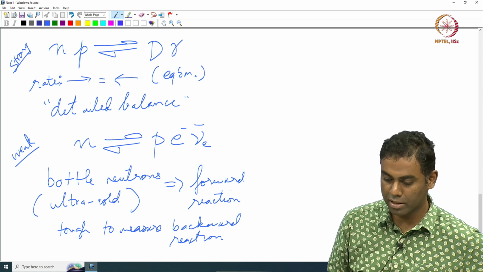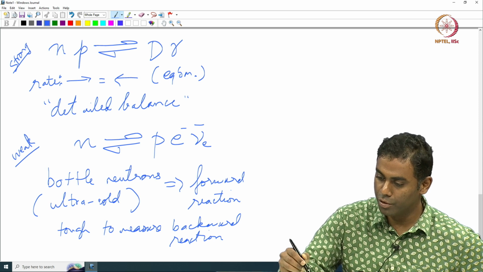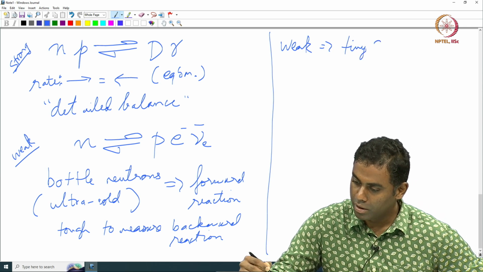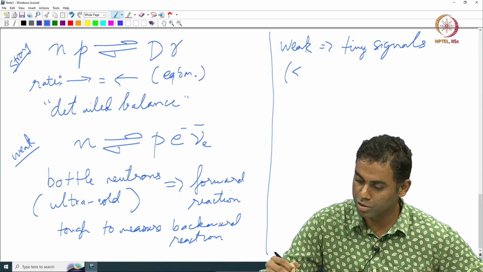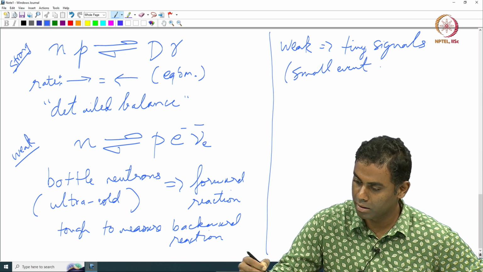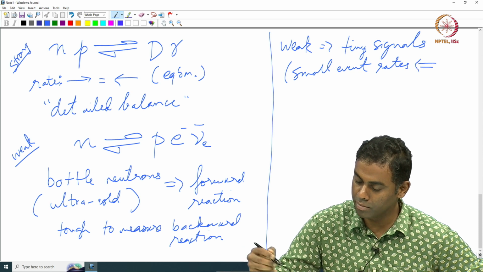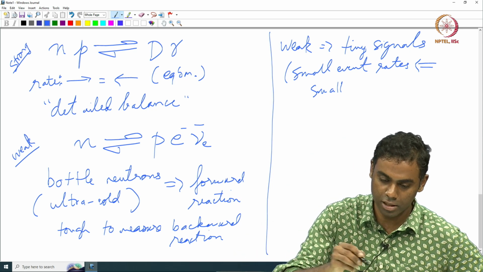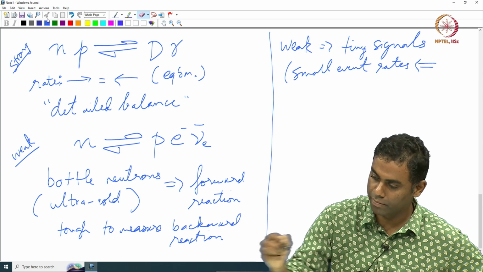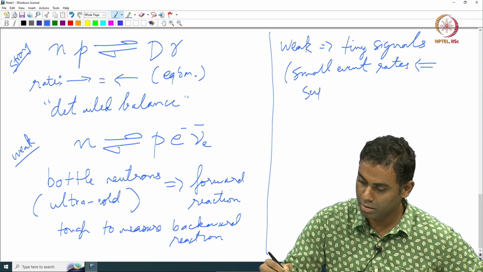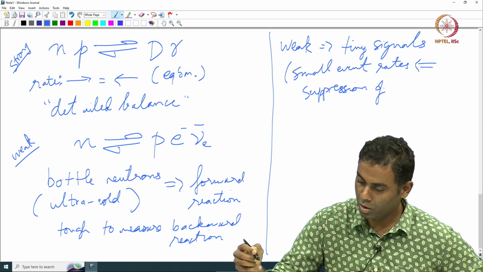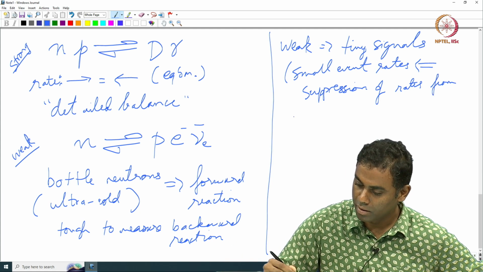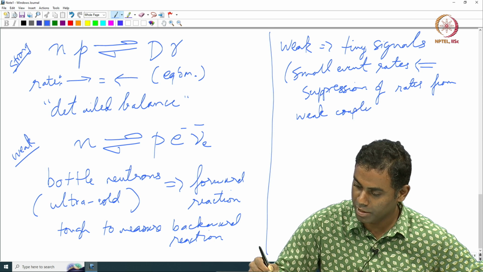Not only that, you expect the weak interactions to give you very tiny signals, by which I mean small event rates, that in turn come from small event counts that just basically come from the suppression of rates of processes from very weak coupling strengths.